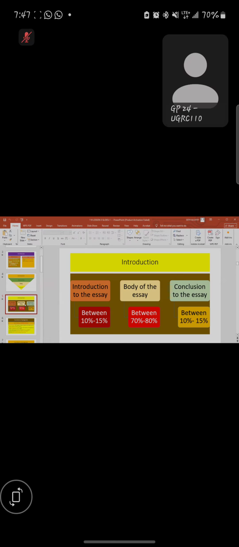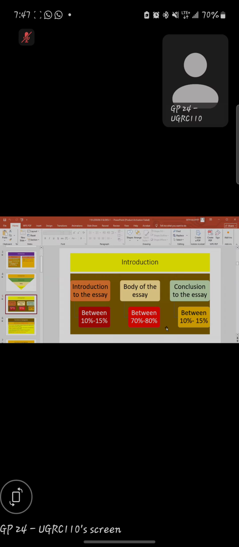We shall see presently the other labels of the body. When you say body, there are other terms or labels that we can use in place of the word body, and that constitutes 70 to 80% of the essay.